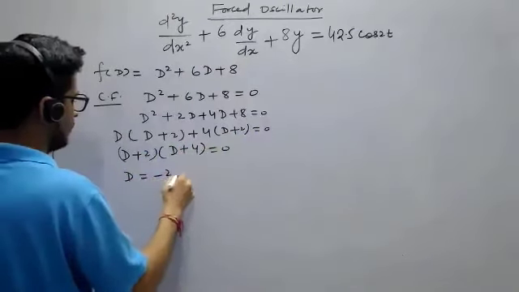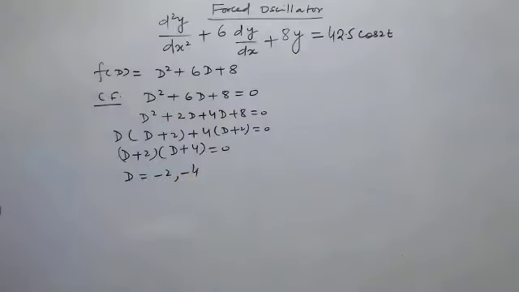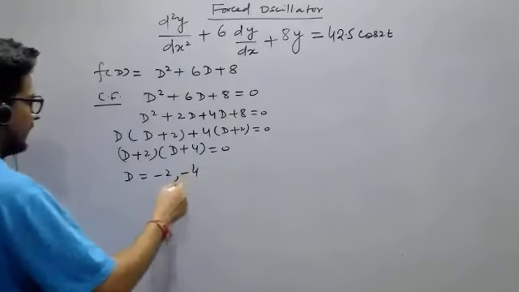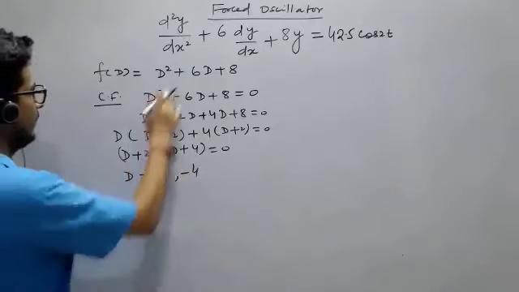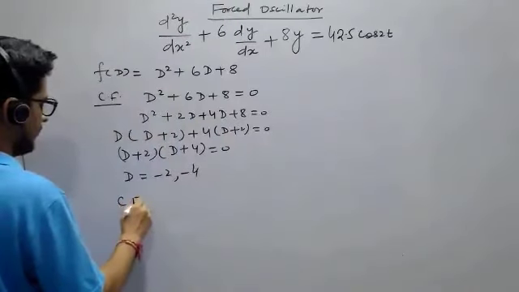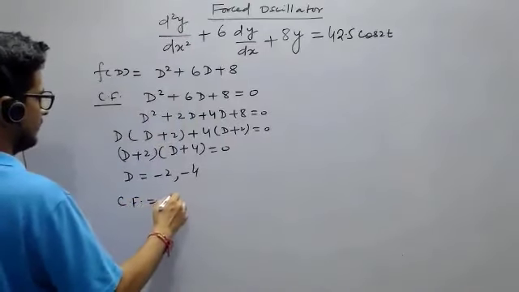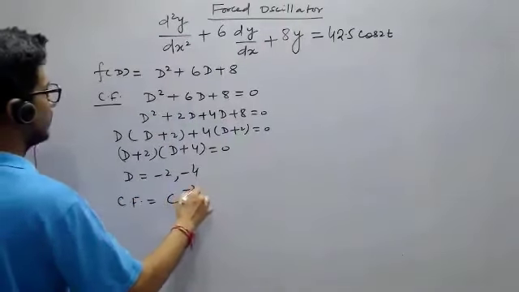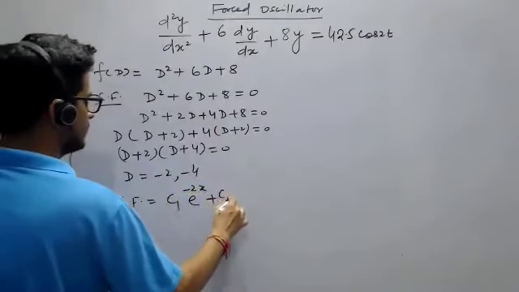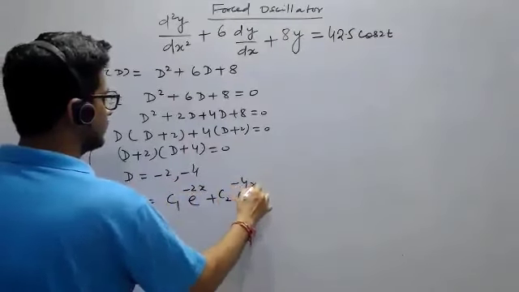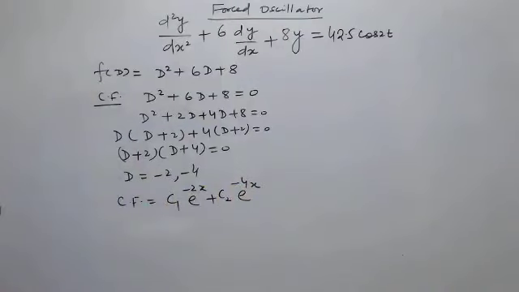So D is equal to minus 2 and minus 4, correct? And they are real and different. So what is the complementary function? It is given by c1 e to the power minus 2x plus c2 e to the power minus 4x. Correct?